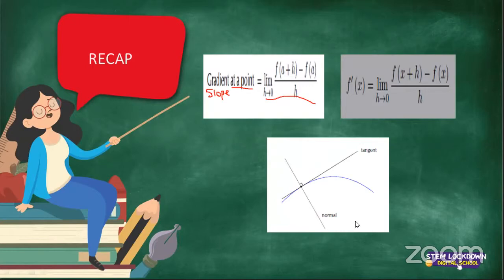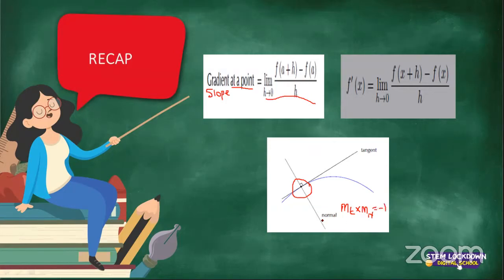That means the gradient of your tangent multiplied by the gradient of your normal line will be -1.